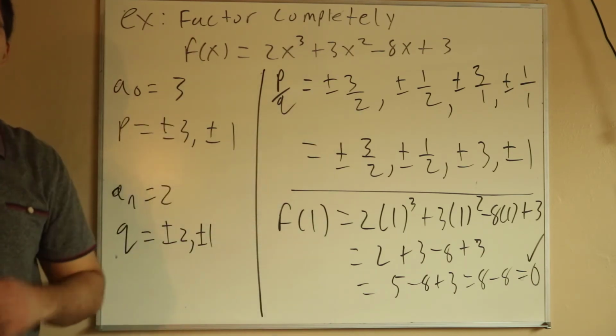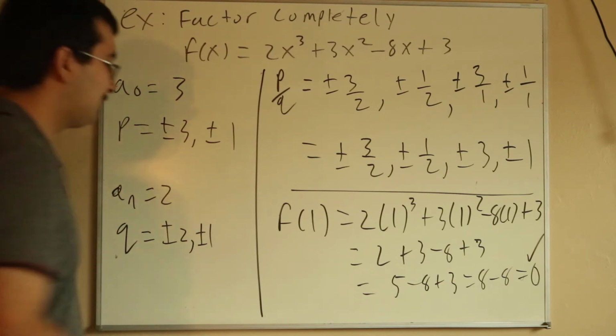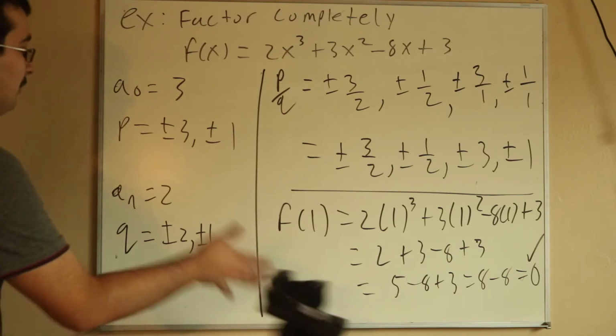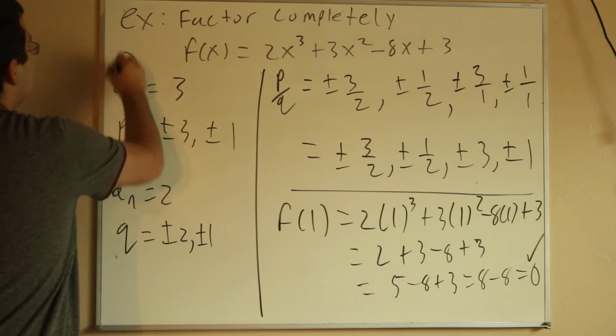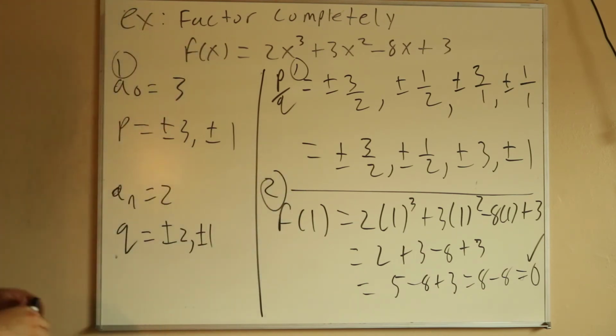Now we can step into step 3 of our process, which was do some long division. So I'm going to go ahead and erase the board to make some room for that. If you haven't done so already, go ahead and copy the work down. This is step 1, this is still step 1, and here was step 2 of our process. Now we're about to move into step 3.